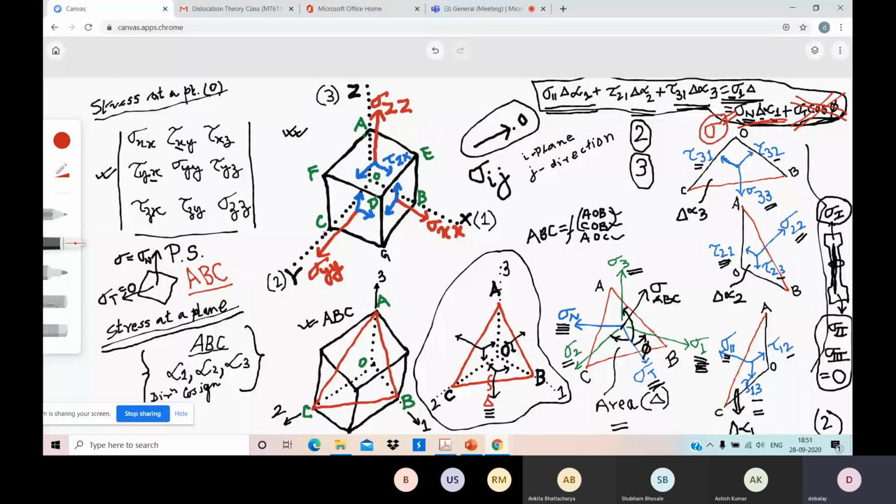Sigma is basically the net stress that is acting on the plane ABC. So the net resultant is on ABC, and if there is no shear stress, the net resultant will be the same as the normal stress.